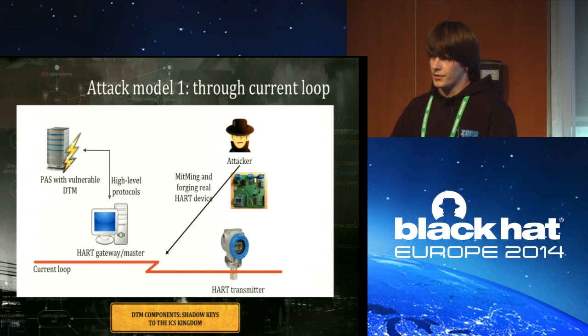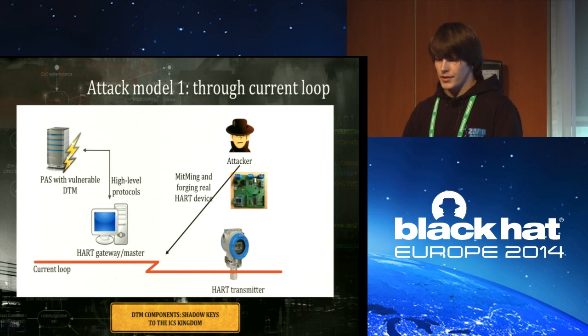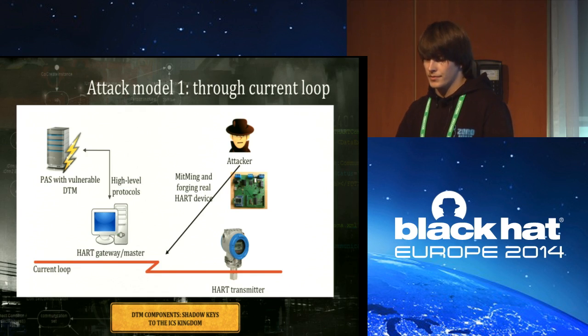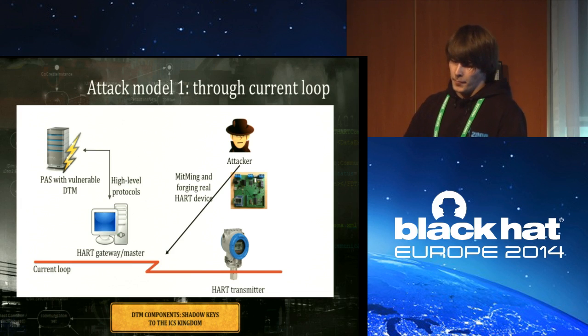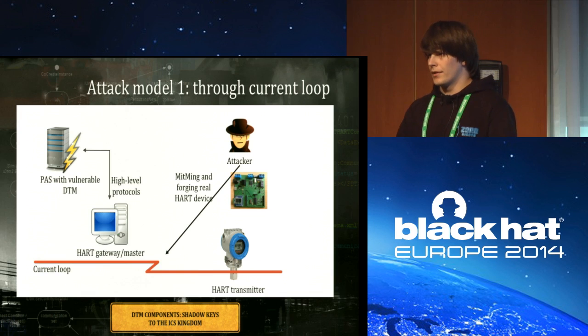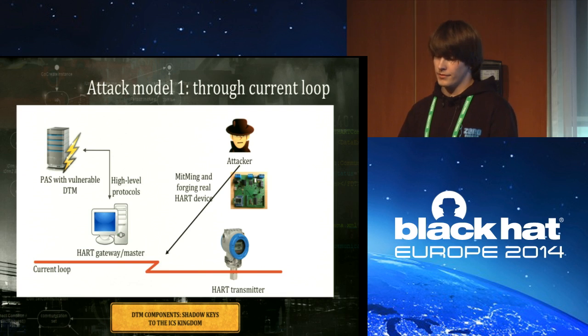To the attacker models. The first attack model we used in our research is when an attacker somehow, using a specially crafted device, managed to connect to the HART link. A device like this was developed by us and presented before; a bit later I'll talk about these cool devices.